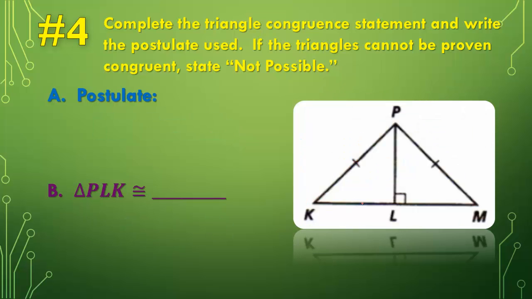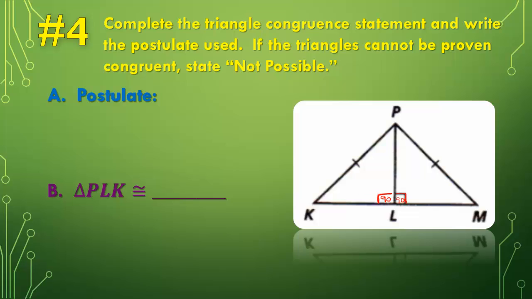Okay, in this one, notice that it has this marking here. Now, when you have one square like that, letting you know it's a right angle, this is a straight line. And a straight line, don't forget, is made up of 180 degrees. So if this angle is 90, then this one also has to be 90 by default. They just usually only put one in.